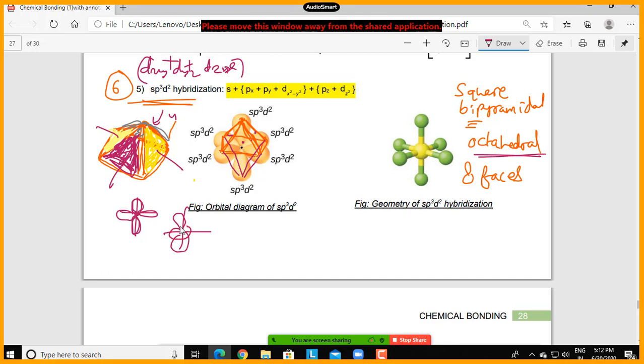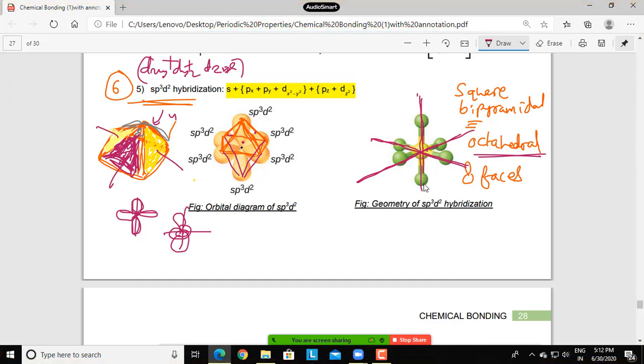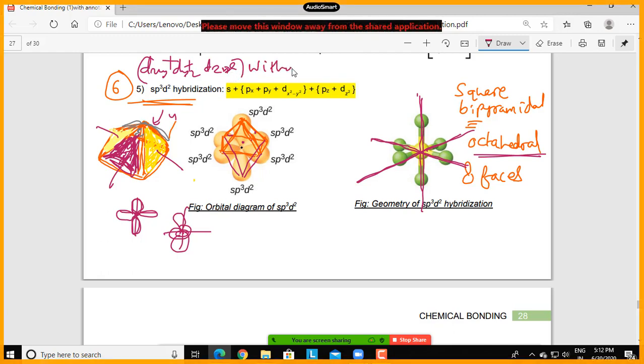If you take these two, then in square bipyramidal or octahedral, you will get it in 3 axes. देखो एक एक्सिस यहाँ आ रहा और एक एक्सिस यहाँ जा रहा और एक एक्सिस यहाँ आ रहा। तो ये जो शेप आ रहा ये 3 एक्सिस में आ रहा। इस शेप आने के लिए हमें वही ऑर्बिटल लेना है जो ऑन एक्सिस है। अगर हम dxy dyz dzx लेंगे, ये विद इन एक्सिस आ रहा। These are within axes. अगर विद इन एक्सिस हम लेंगे तो ये आएगा क्या?